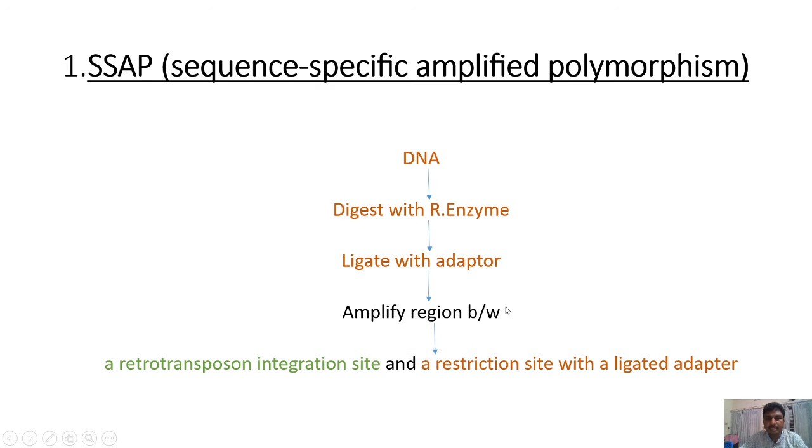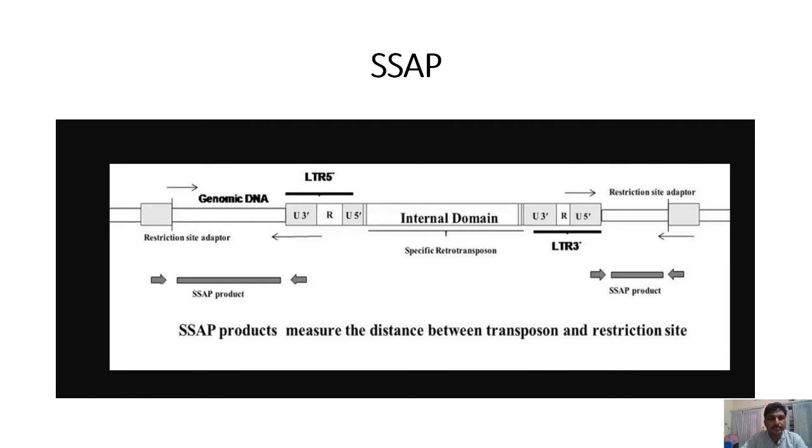In the PCR, here lies the key, because you have to carry out the PCR with forward and reverse primers. One primer should recognize the retrotransposon region and another should recognize the restriction site or the adapter region. I will show you the pictures of it.